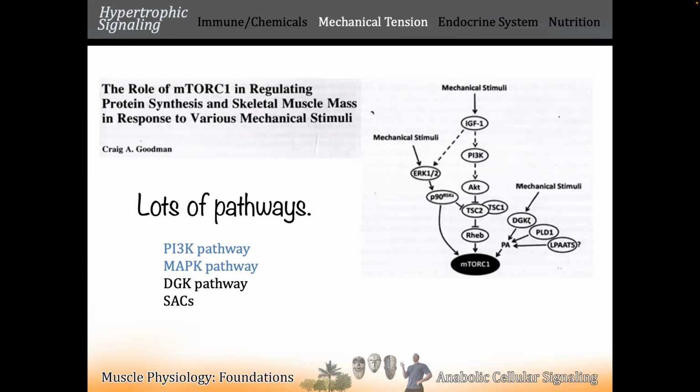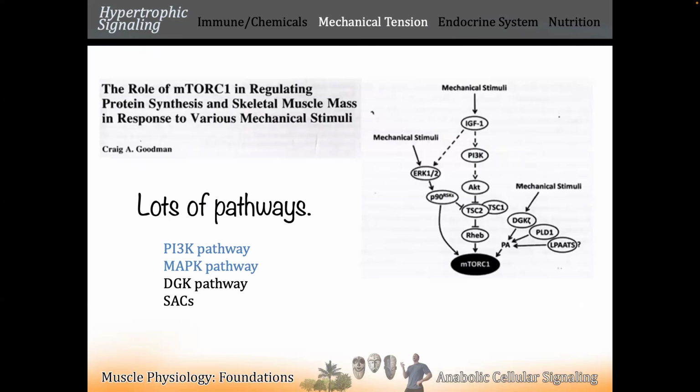We've covered PI3K and MAPK. In this diagram, you see PI3K and ERK, which is just MAPK. But one additional thing on here is IGF-1. MGF, mechano growth factor, is a variant of IGF. Mechano meaning mechanical loading.